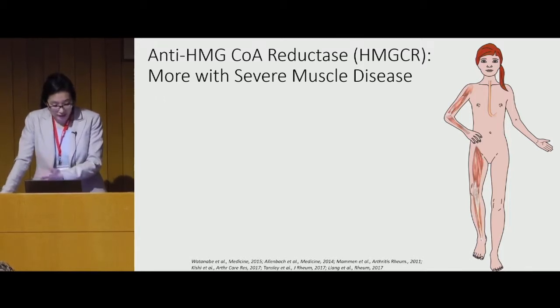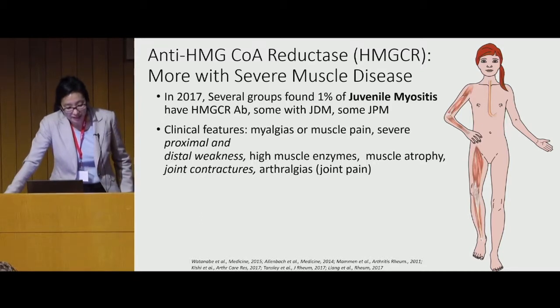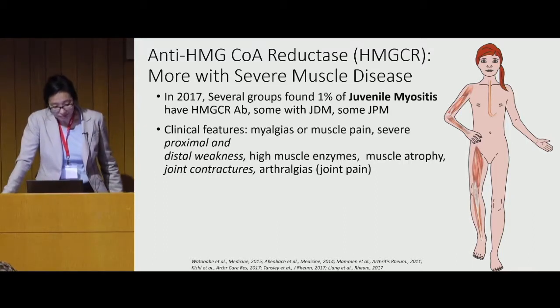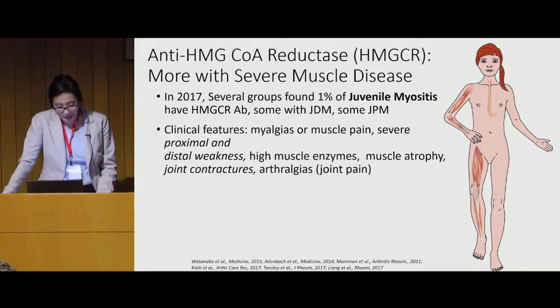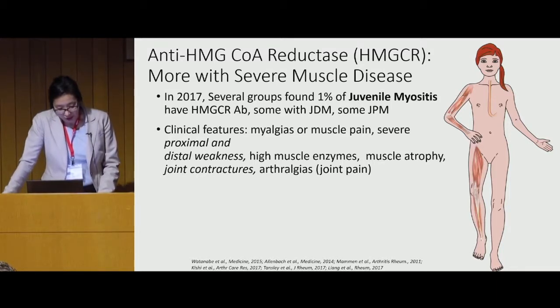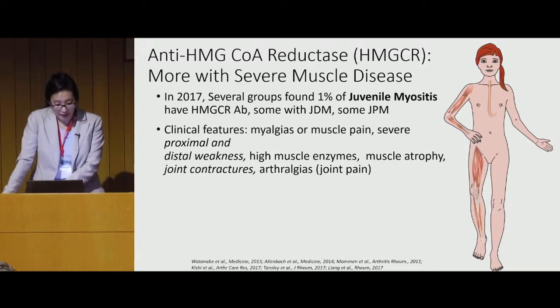Since we learned that this antibody existed, we've checked for this in juvenile myositis and found that it was present in about 1% of juvenile myositis. Statins are not commonly used in pediatrics, so it's not really associated with that statin type of exposure. But it is associated with myalgias or muscle pain and having severe weakness.